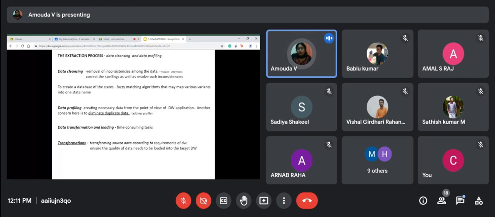That's what I wanted to say. Let me not explain in detail now. Actually, profiling is necessary data from the data to a great extent. That's all: the necessary data, eliminate the duplicate data. That is the job it does.